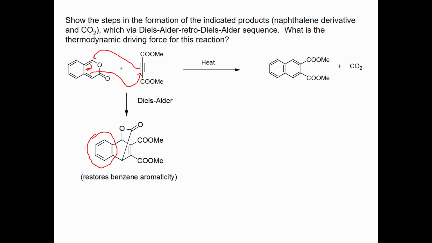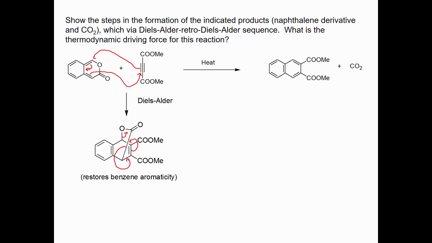All right, now what you're going to see happen next is a retro Diels-Alder reaction that's going to give you a second benzene ring. All right, so here we can now have a second Diels-Alder reaction. Okay, and that's going to go like so.